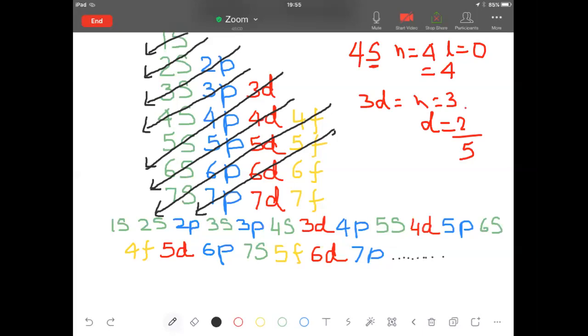Okay. Now, which one will have a higher value of n plus l? You see, the higher value is that for 3d, that is 5, compared to 4s, where the total value is 4. So definitely, 4s comes before 3d. That means 4s will be filled up first and then 3d will be filled up. So this is what the n plus l rule is.